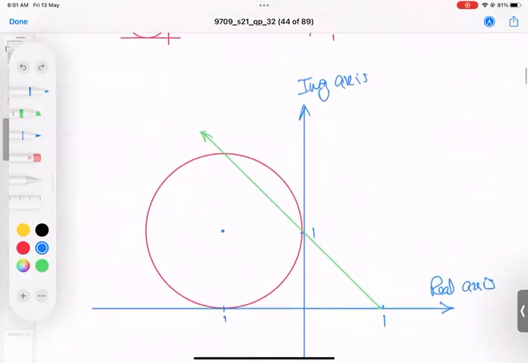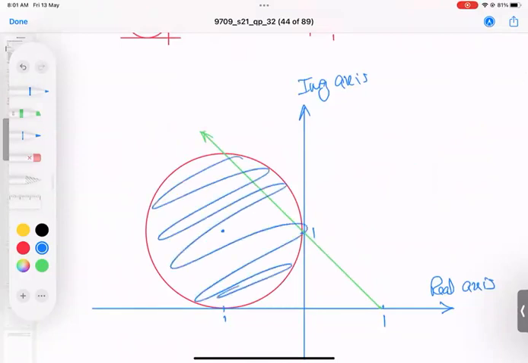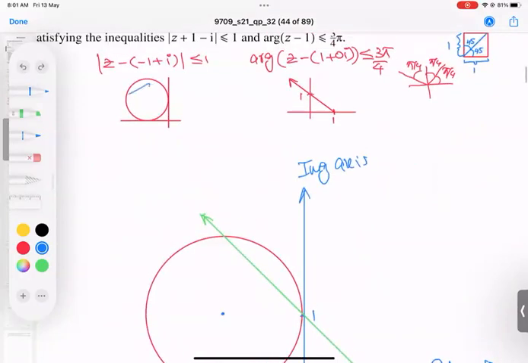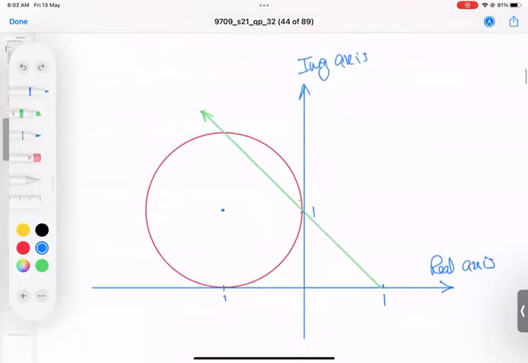Less than 1 means all points inside the circle. This is called inside, and this is called less than. For your knowledge, from here to here is called lesser, and this is called bigger. So all this region is lesser, and this is more bigger. So this is the portion, and this is my answer.